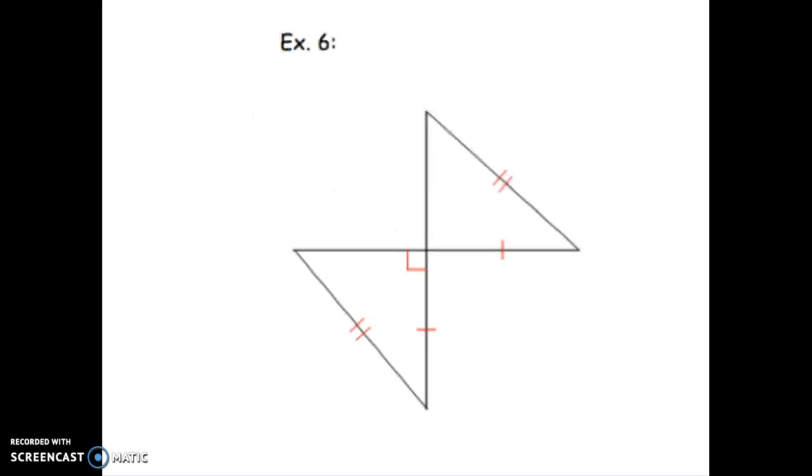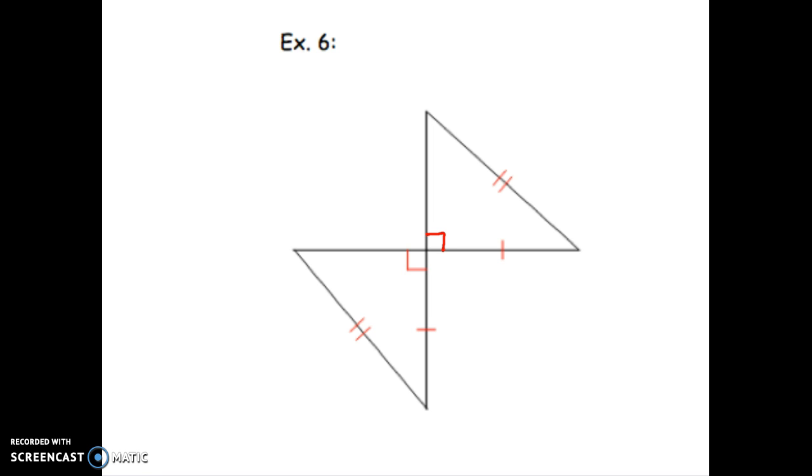All right, lastly, we see this box here, and this box tells us that this is a right angle, which means that this is a right triangle. Now these share an angle, so that means that this is also a right angle. So the only theorem that we have that deals with right triangles is hypotenuse leg.